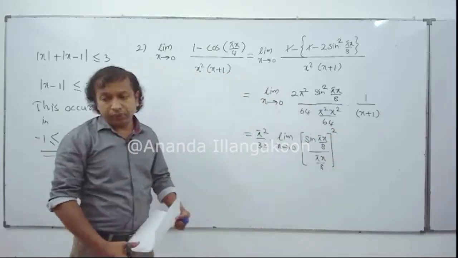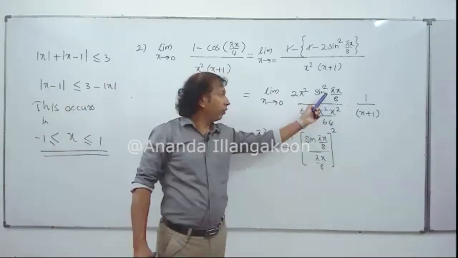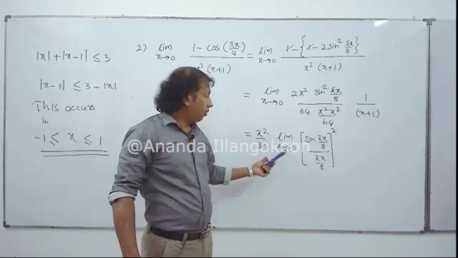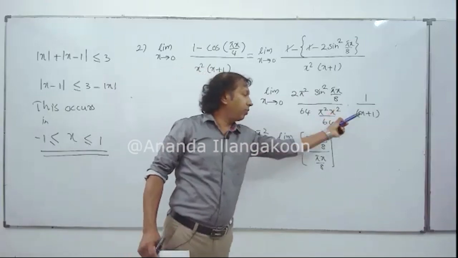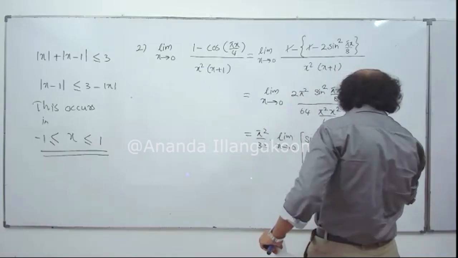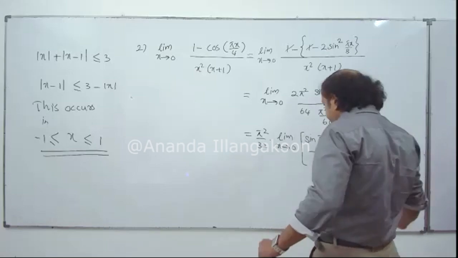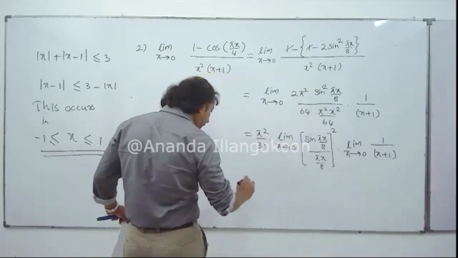Correct, no? We want to square this. We get this two both. The limit x going to 0 we applied here, we now apply that here too. Now you get the answer.